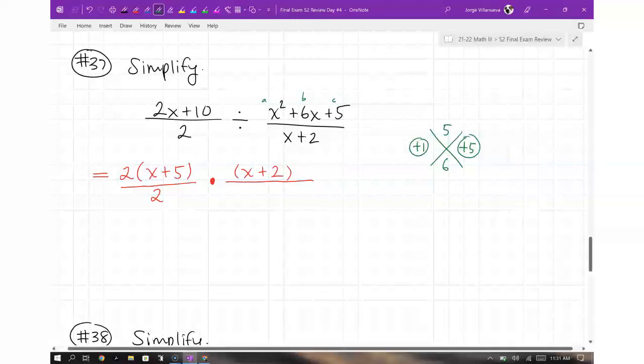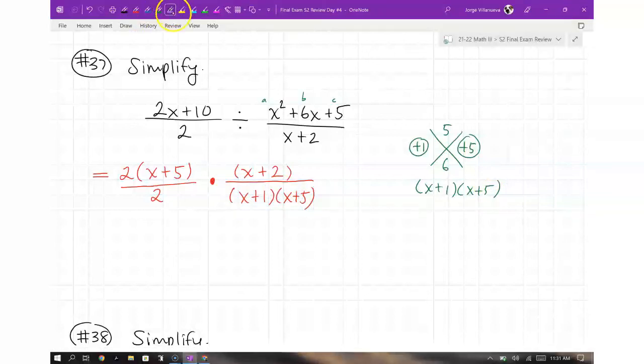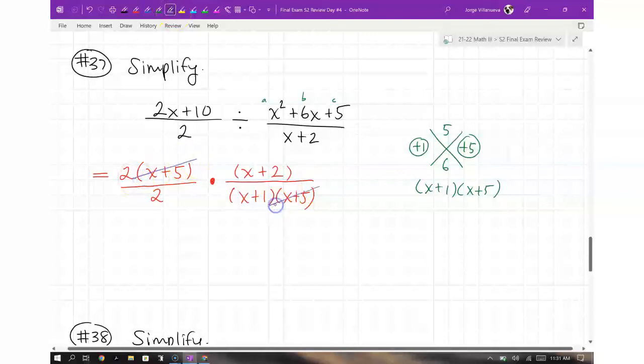So that means that this thing factors into x plus 1, x plus 5. So let me put that right here: x plus 1, x plus 5. Can I cancel anything? The x plus 5s. Anything else? I hear you, the 2's, right? The 2's are gone.